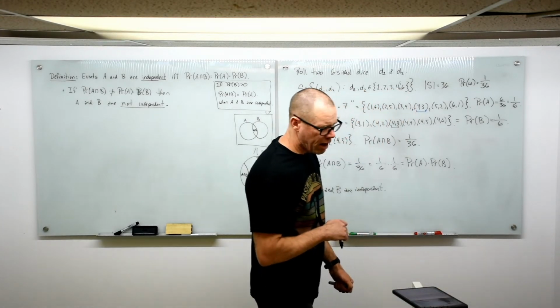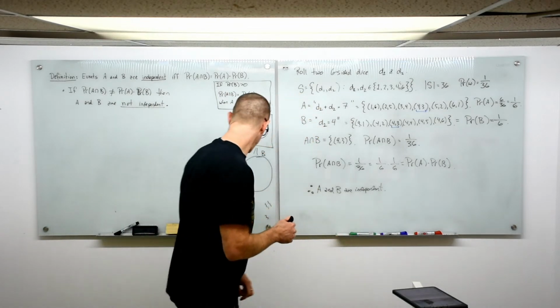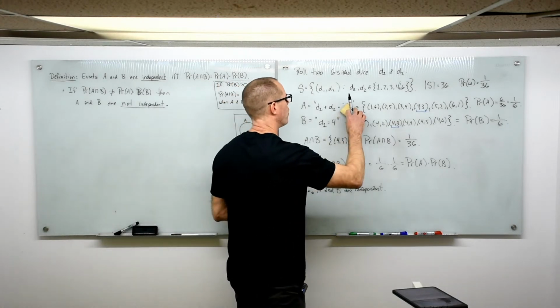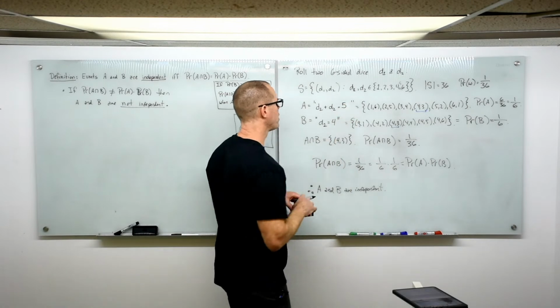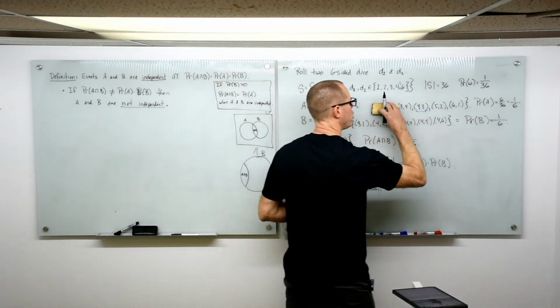So the question is, is 7 the only sum that makes it independent? And the answer is yes. Let's try that. If I switch this to 5, if I tell you that the 2 dice add up to 5, then this set changes.